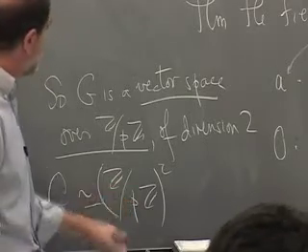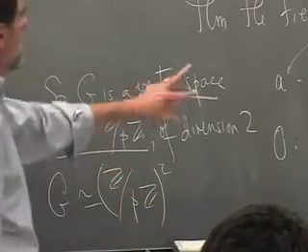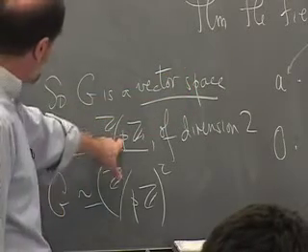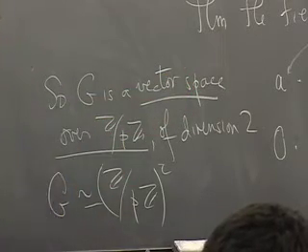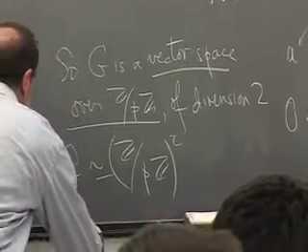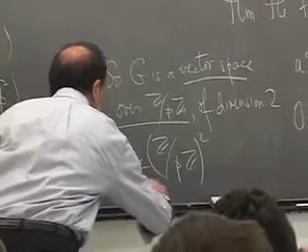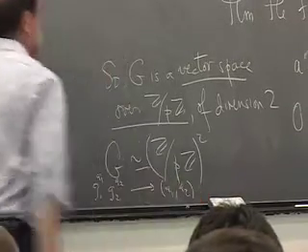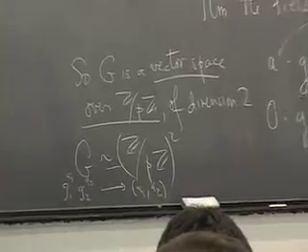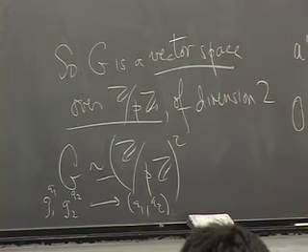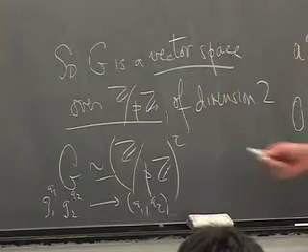So to make this specific isomorphism, you'd have to find two different elements, g1 and g2 in G, that gave a basis for it as a vector space over Z mod pZ. And you take g1 to the a1, g2 to the a2 to the coordinates a1, a2. So if every element has order p, then you have an action of the field on the group, turning the group into a two-dimensional vector space, and you get this.